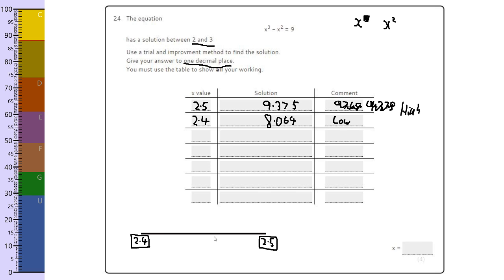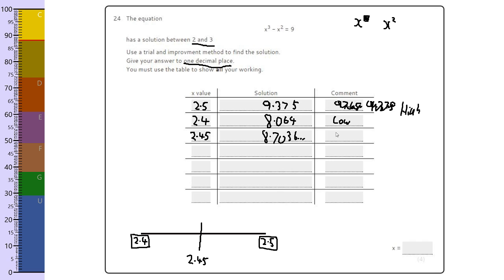There is one point here which decides whether it rounds to 2.4 or 2.5, and it's the halfway point. Halfway between 2.4 and 2.5 is 2.45, and that's what they're looking for you to finish this off with, 2.45. So let's type that in, 2.45 cubed, take away 2.45 squared, and I get the answer 8.7036 and so on.